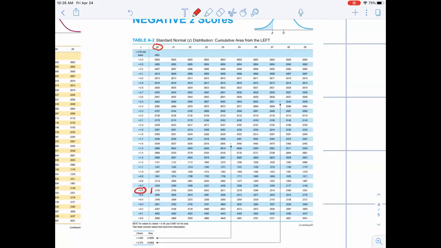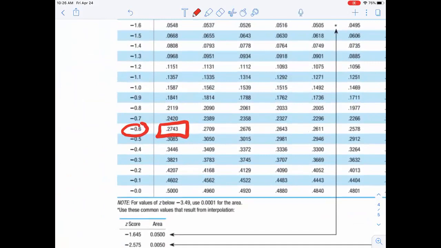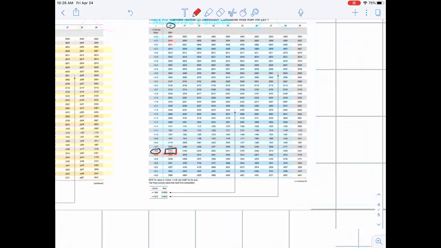So where the two of them intersect will be this value here. And that value is 0.2743.